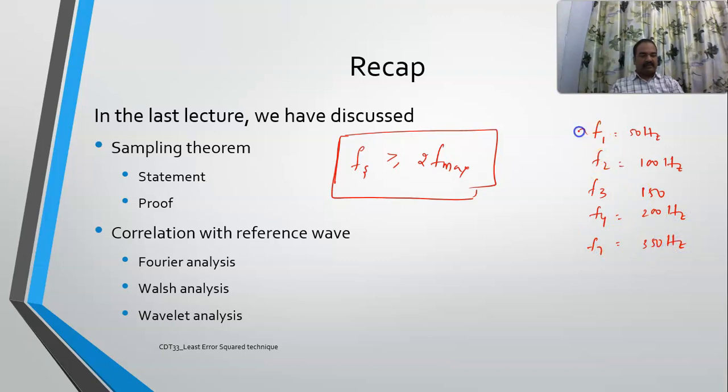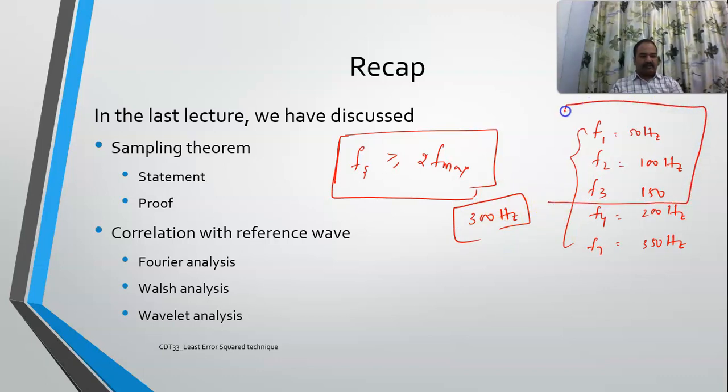Let us suppose your signal has this many harmonics. If you sample the signal at, let us suppose, 300 Hz, then you will be able to analyze the signal up to this level of harmonics. So these harmonics you may not be able to identify and analyze.